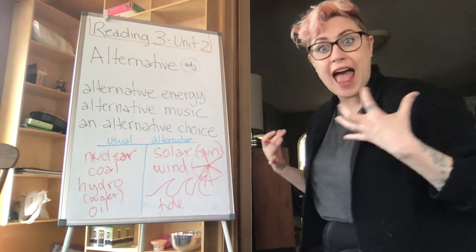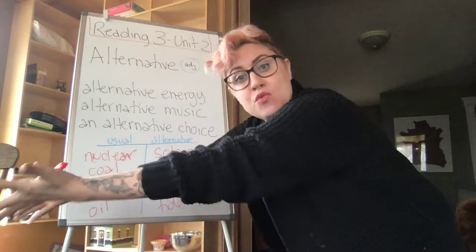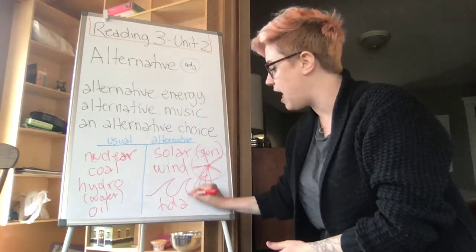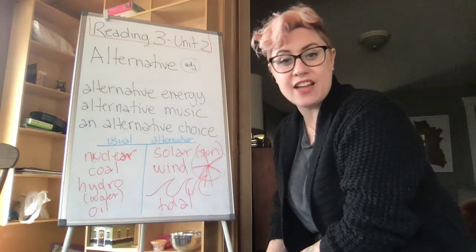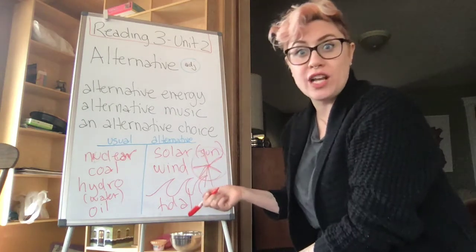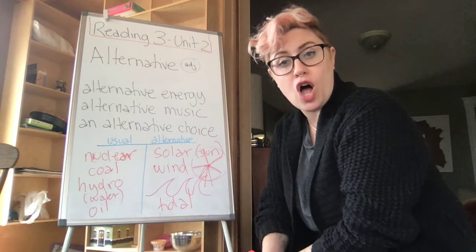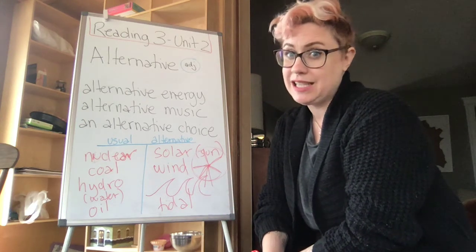And so the energy from the water moving out and moving in is called tidal. Tide is a noun, tidal is the adjective. So these are alternate sources of energy. They're not super common yet.